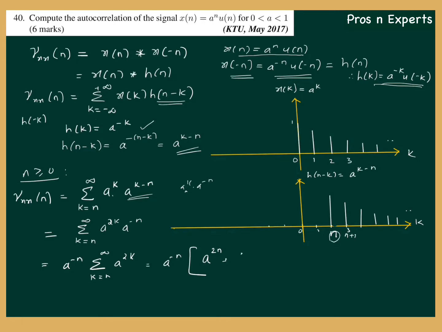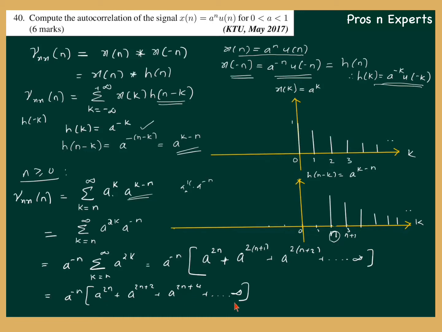So a raised to 2 into n plus 1, plus a raised to 2 into n plus 2, and it goes to infinity. This can be written as a raised to minus n into a raised to 2n plus a raised to 2n plus 2 plus a raised to 2n plus 4 plus etc., and goes to infinity. Now look at these terms in the bracket.